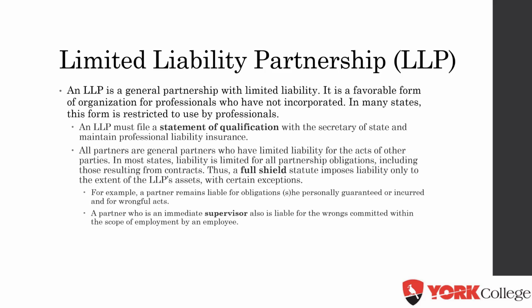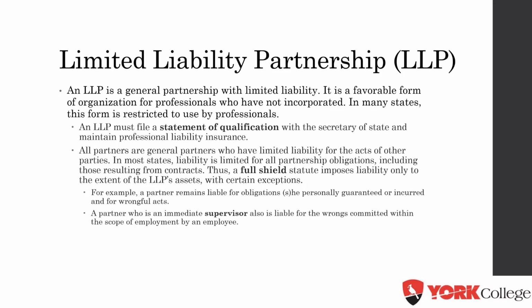Therefore, an LLP must have a statement of qualification filed with the Secretary of State and the maintenance of professional liability insurance. All the partners in an LLP are considered general partners, much in the same way a regular partnership counts all its members as general partners.